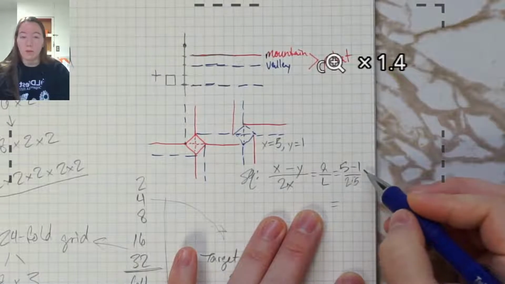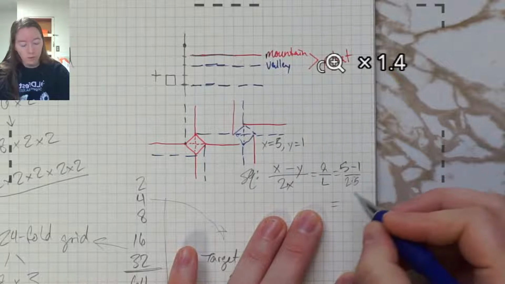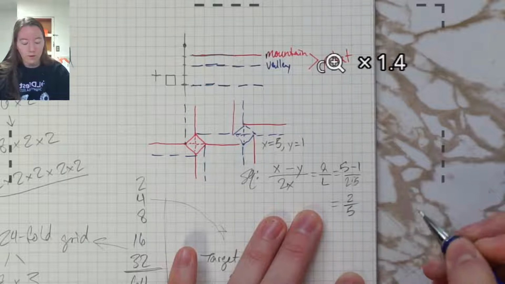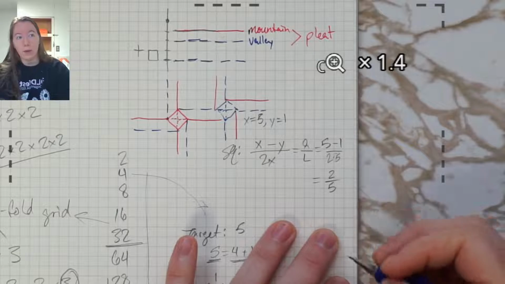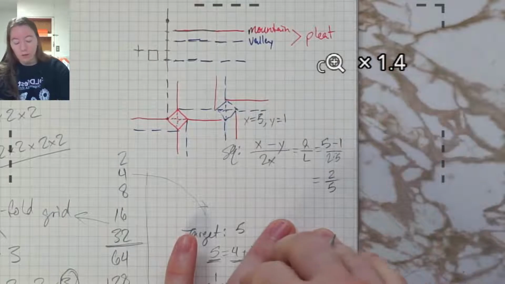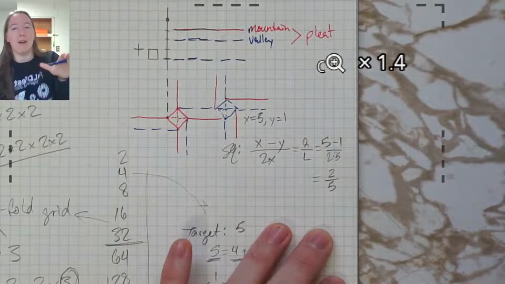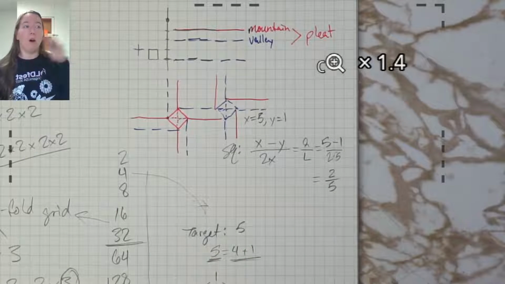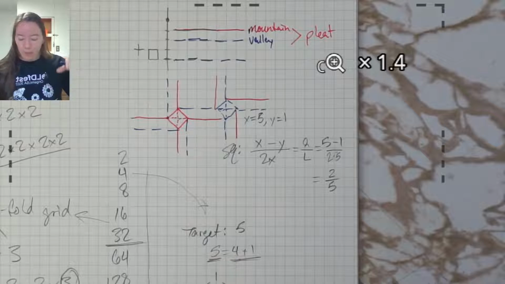So 5 minus 1 is 4. 4 divided by 2 is 2, and we get 2/5 as our fraction up the right-hand edge of the paper that we're going to put our mark to do our rotated grid. But that's a topic for a whole other video, and I do have rotated grid videos already, so head to my channel, check those out.